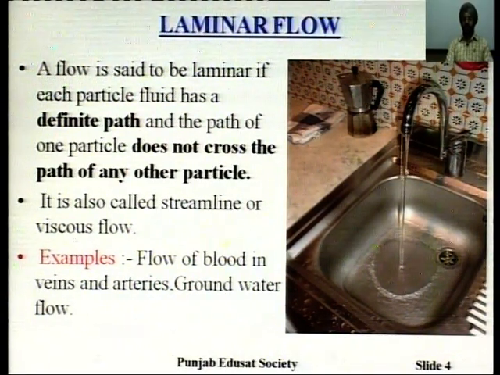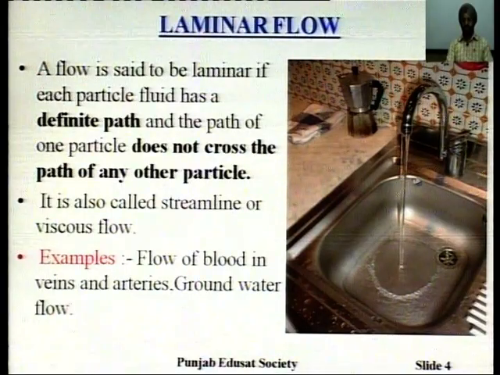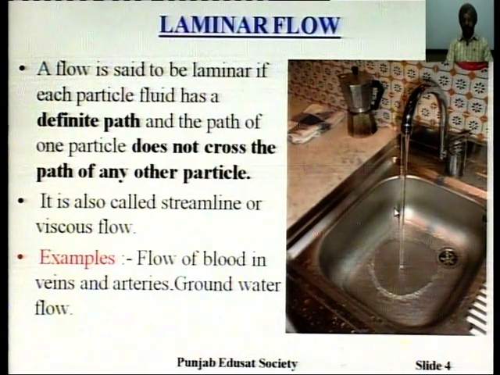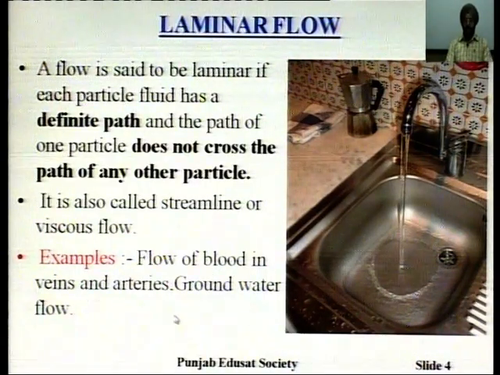This particular flow of water we can say is a laminar flow, because the fluid has a definite path and the path of one particle is not crossed by another particle. It is very streamlined. That is why it is also called streamlined or viscous flow. One or two examples in our day to day life: the flow of blood in our veins and arteries and the groundwater flow are good examples of laminar flow.